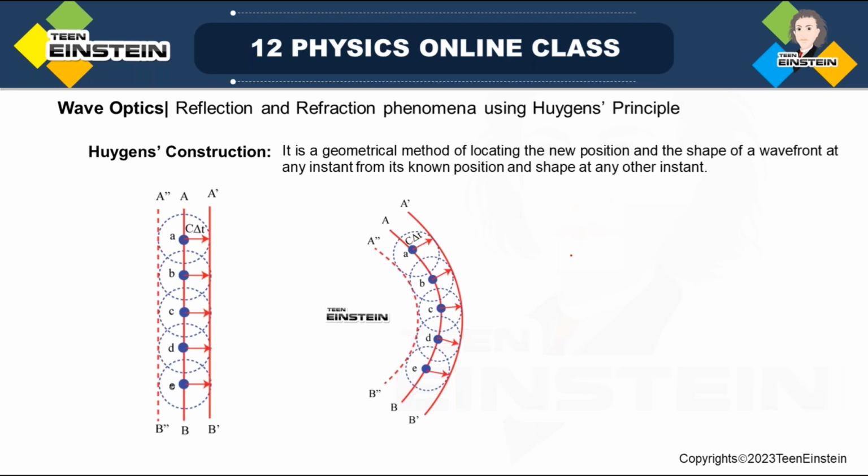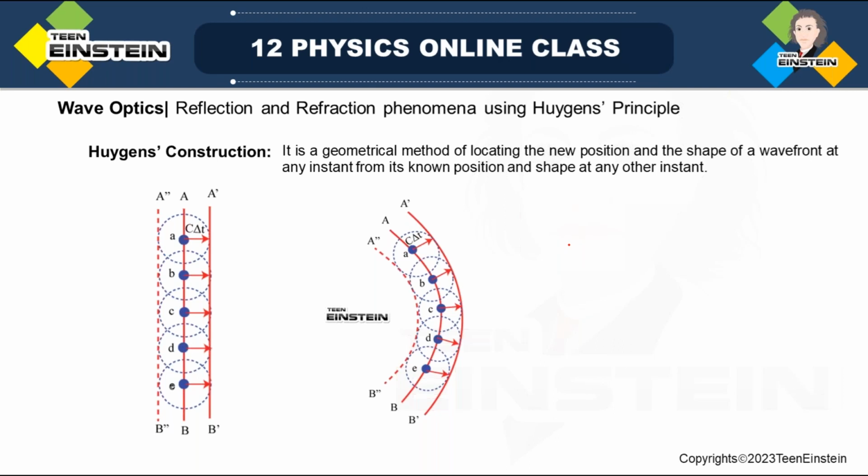So here wave theory is actually replacing the ray optics, the ray concept of light. So wave theory must be able to explain the phenomena of reflection, refraction, dispersion, etc., which were being explained with the ray optics.